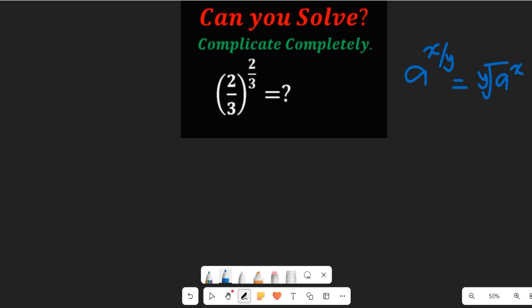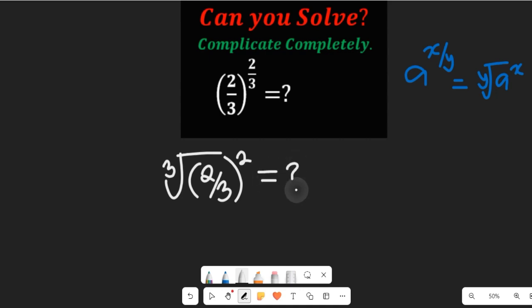This is exactly one of those rules we are going to apply. If we apply that rule, the expression gives me the cube root of 2 divided by 3, all squared. And this is going to give us what?